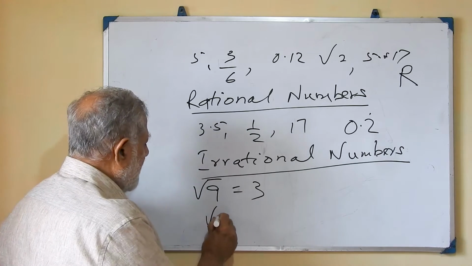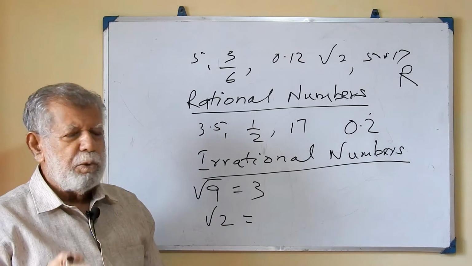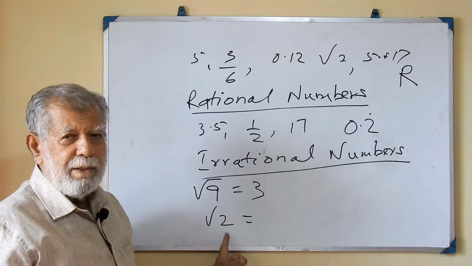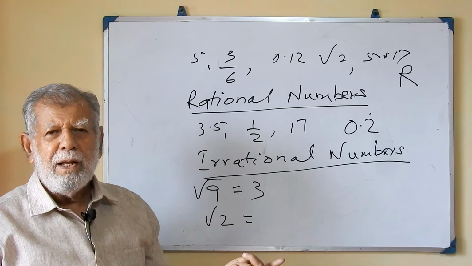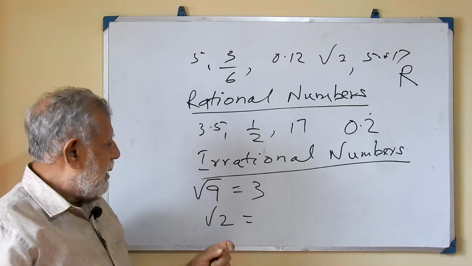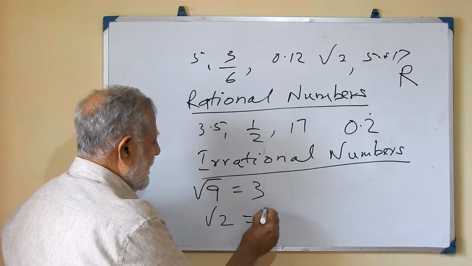Suppose we have to find the square root of 2. However much we try, we can't find two numbers that will multiply to come to 2. We can't find two numbers so that when you multiply both those numbers, it will come to root 2. So root 2 is irrational. It's called an irrational number.